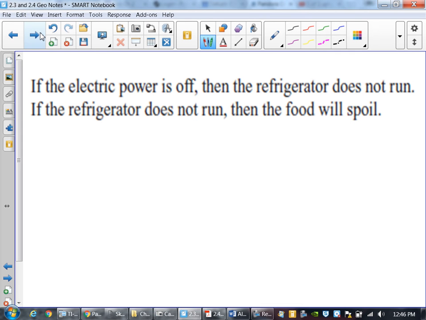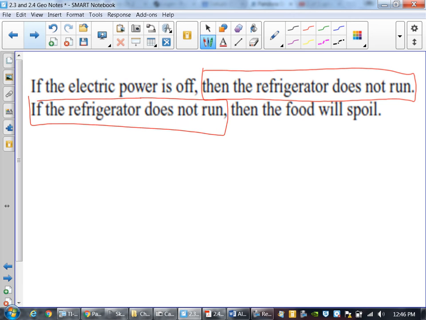If the fridge doesn't run, the food will spoil. You don't have to chase it. Again, notice, it's the ending of the first statement and the start of the second statement, which means if the power's off, the food will spoil. That's all that means. Tom's taller than Mary, Mary's taller than Joe, Tom is taller than Joe. Done.